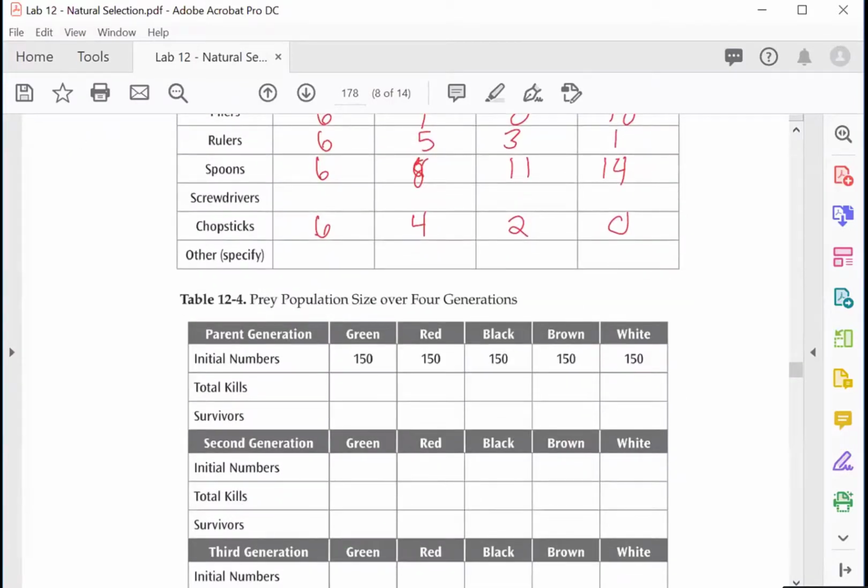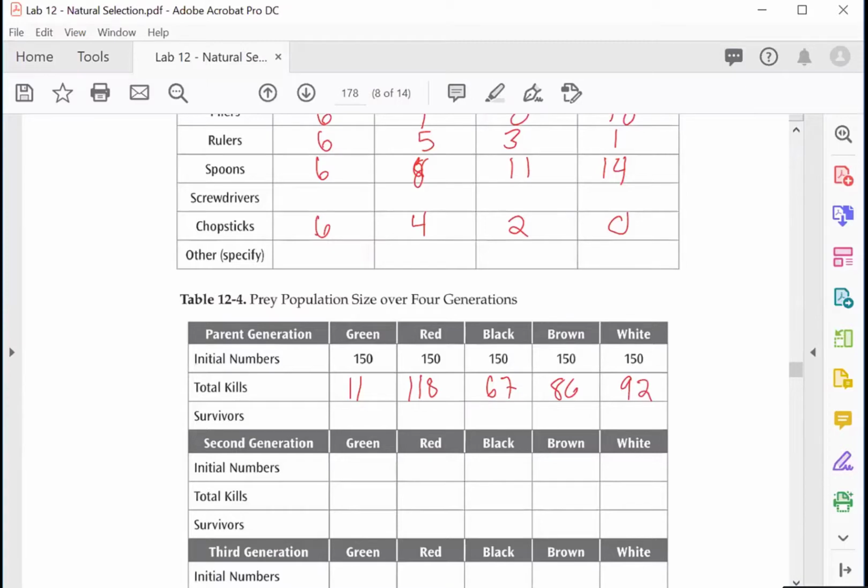Now, if we did this in lab, our initial numbers for our first generation would have been 150 all the way across. In terms of the total number of kills, for green, it was 11. Red was 118. For black, they had 67, 86 for brown, and white was 92.